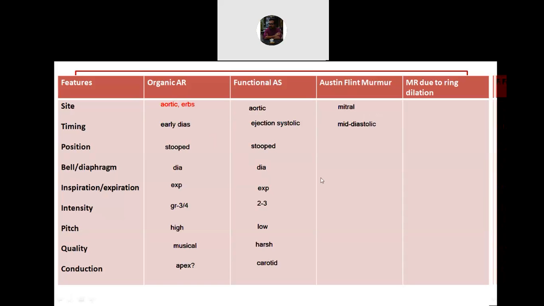And due to volume overloading of the left ventricle, there will be left ventricular dilation or hypertrophy. The left ventricular dilation gives way to left ventricular failure. And the left ventricular failure causes the typical signs and symptoms of left ventricular failure. If this goes on, there will be left atrial congestion.